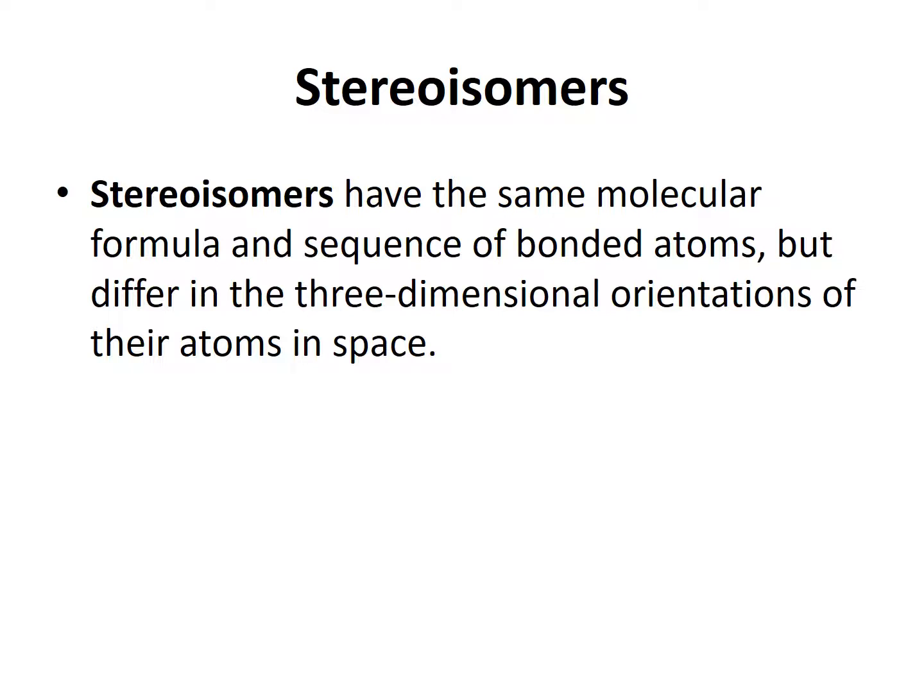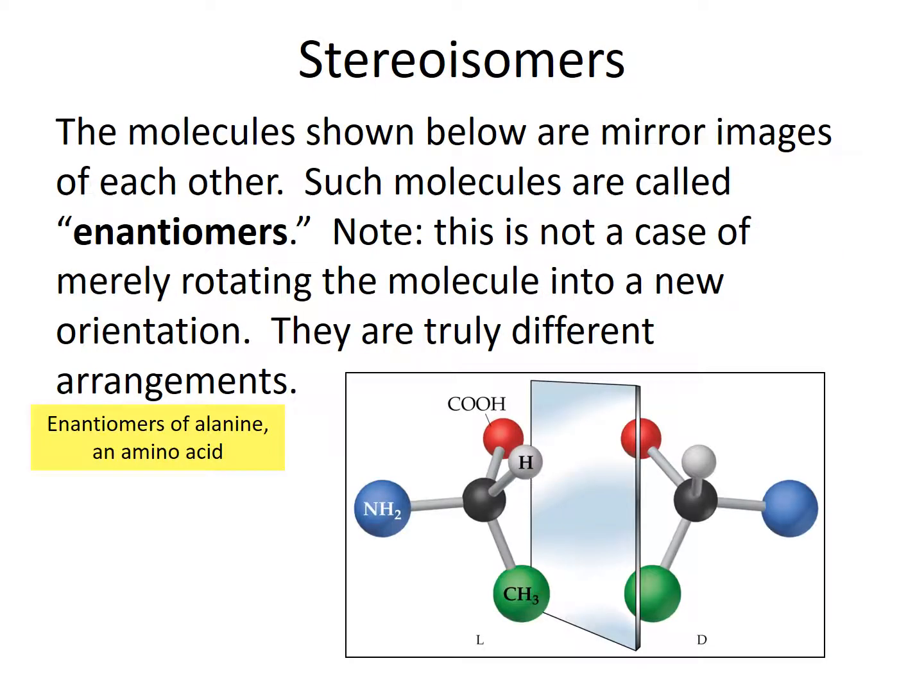There are special types of isomers, such as stereoisomers, which mean they have the same molecular formula and even the same sequence of bonded atoms, but where you put one particular set of atoms differs in some 3-dimensional orientation in space.